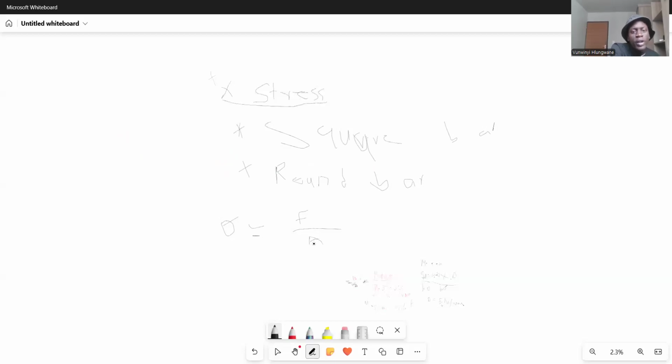So when you are at stress, you must know what stress is. When we say a square bar, you know what we are talking about. When we say a round bar, you know what we are talking about.